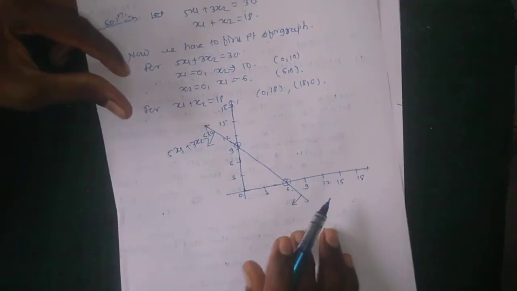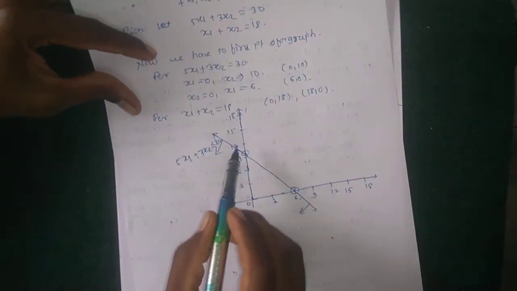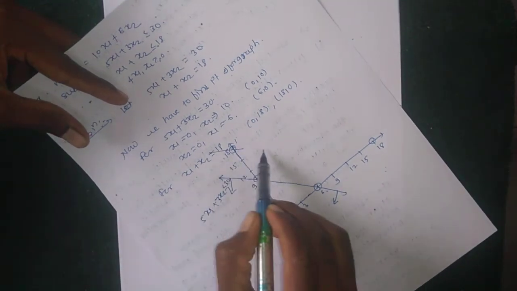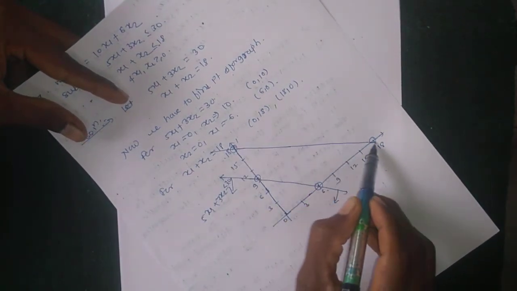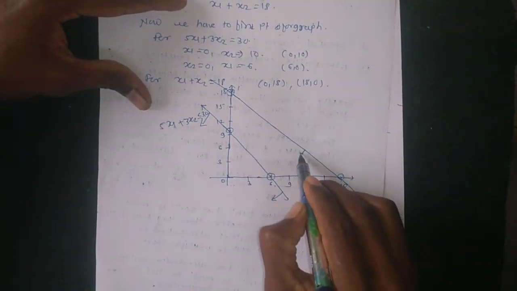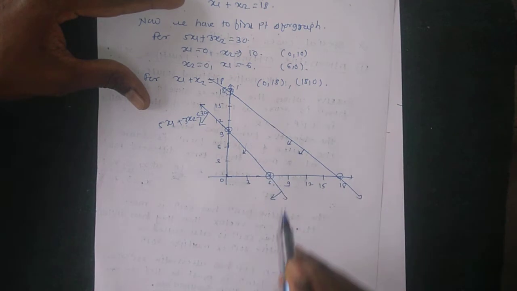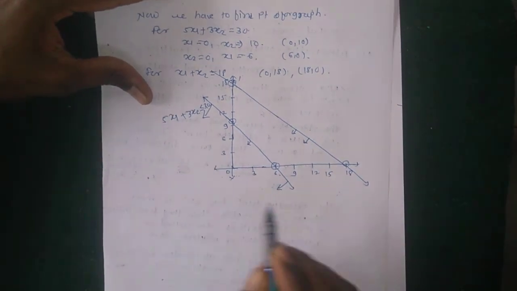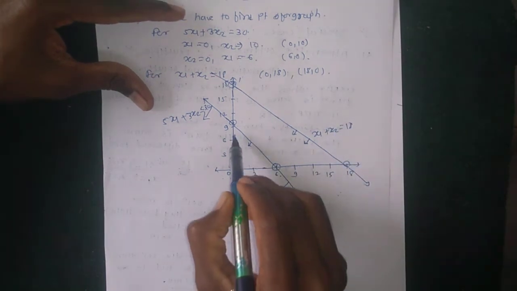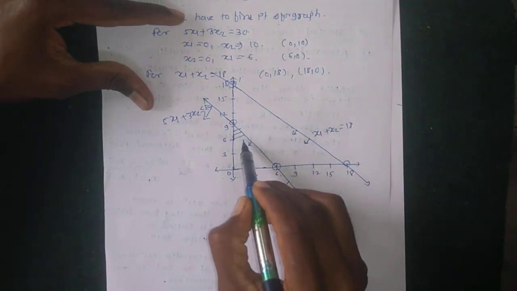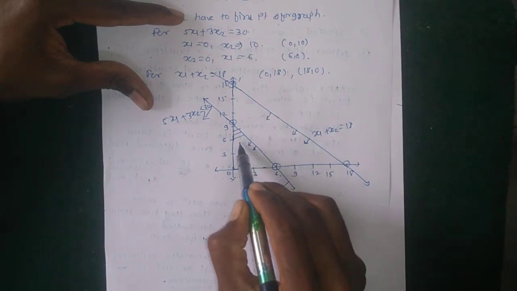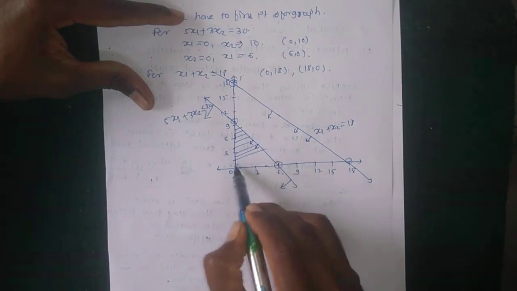Next is x1 + x2, with 18 and 18 as the intercepts. Join these two points. The region is below this line and below the other line, therefore the common region is this one, because it lies below this constraint and also below that constraint.